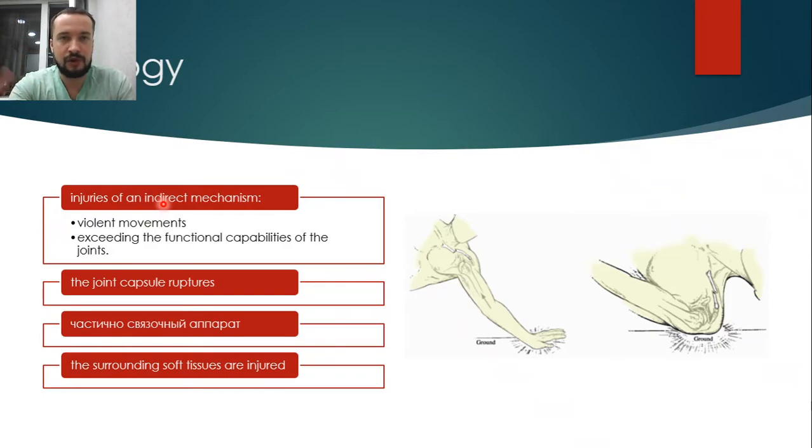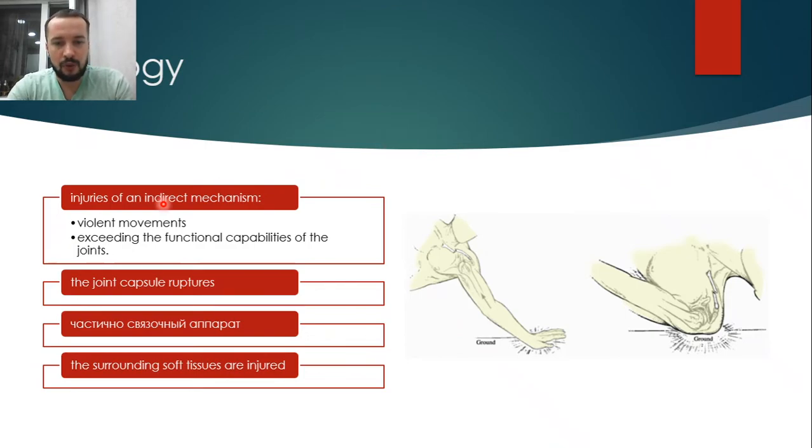If in an exam you are asked about the etiology of, for example, dislocation of the clavicle, you need to remember that all dislocations have an indirect mechanism, and if you say that, you will always be greater in the eyes of your teacher than guys who don't know it. Okay, indirect mechanism.